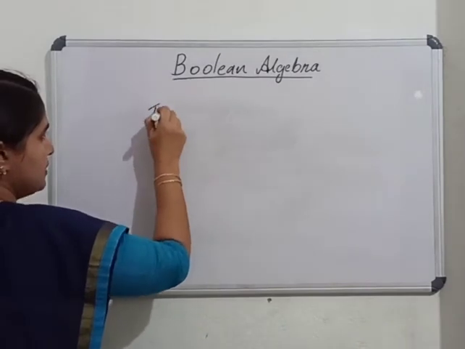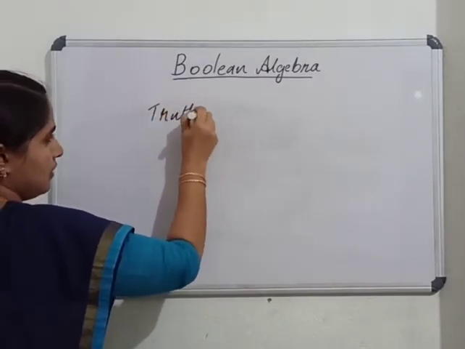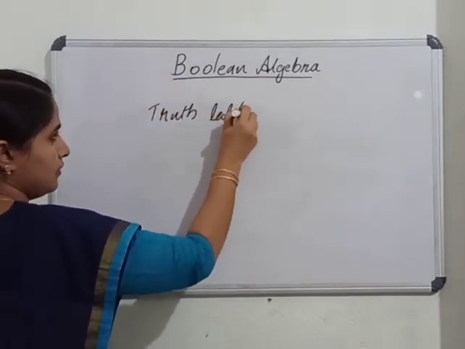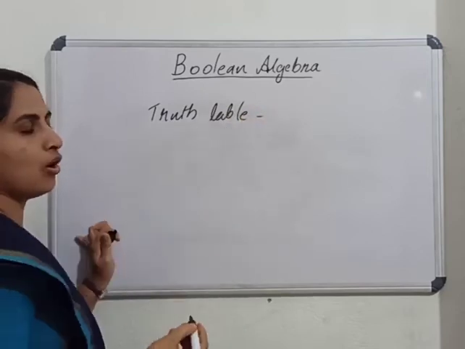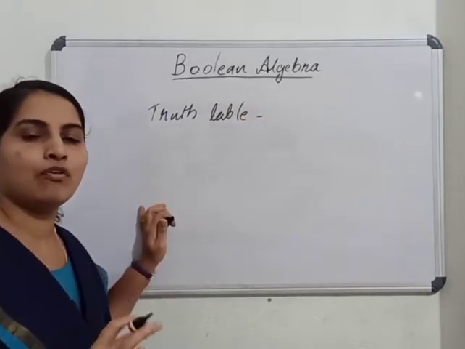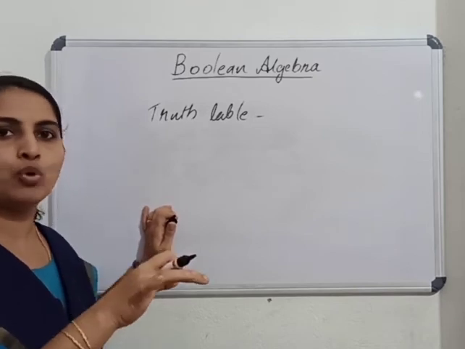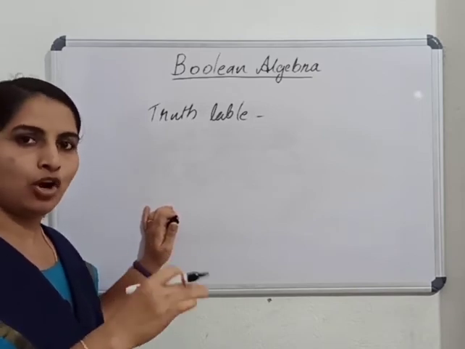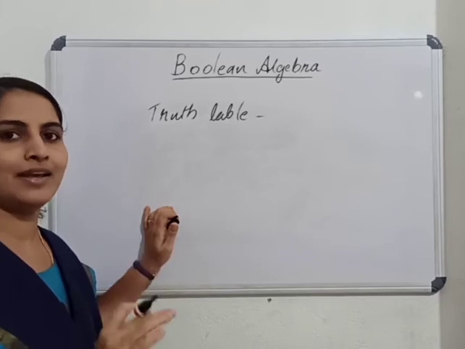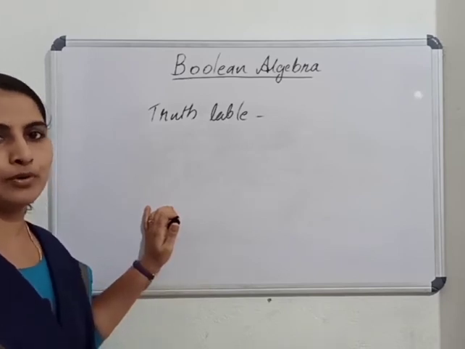A truth table means a table with all the possible input combinations of a Boolean expression or Boolean statement and its corresponding output.